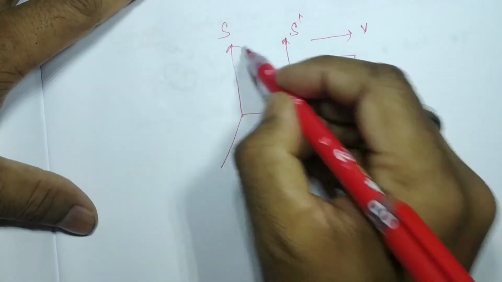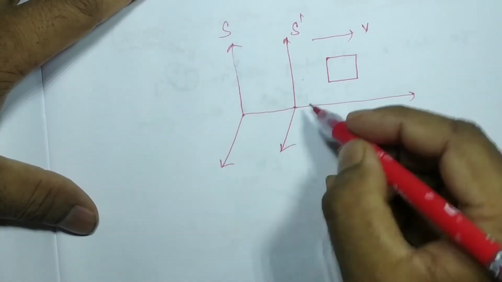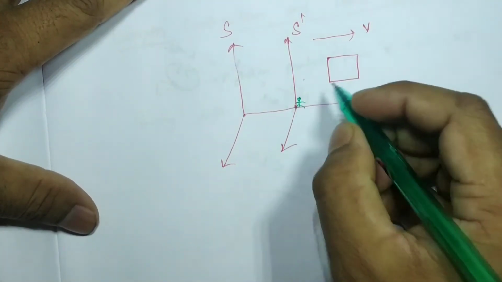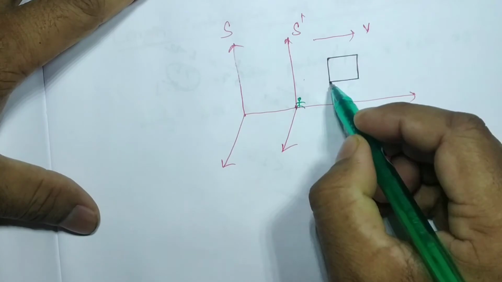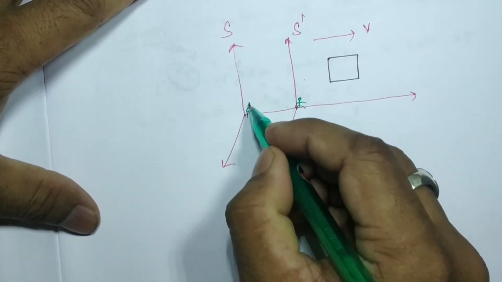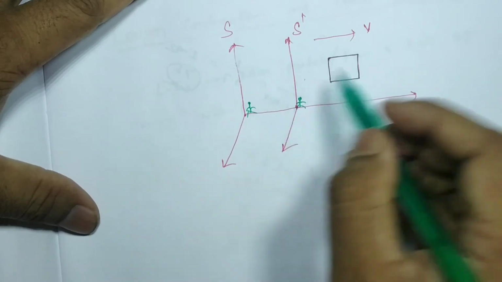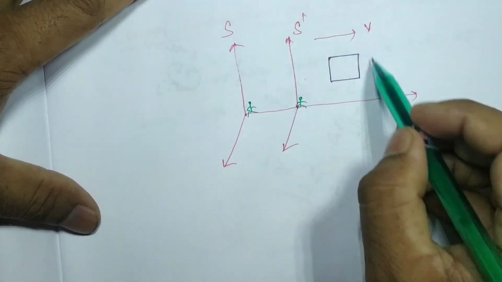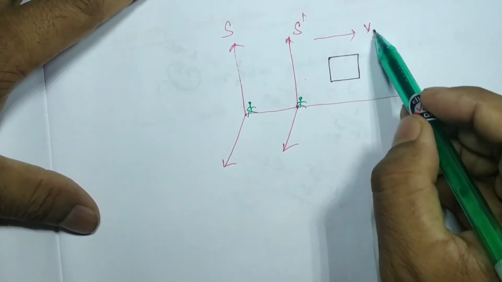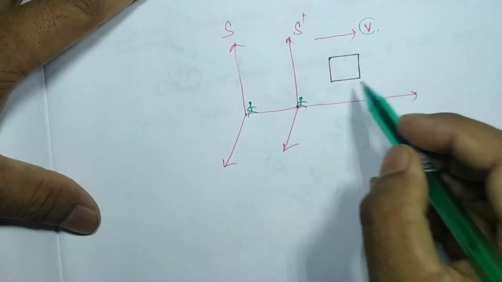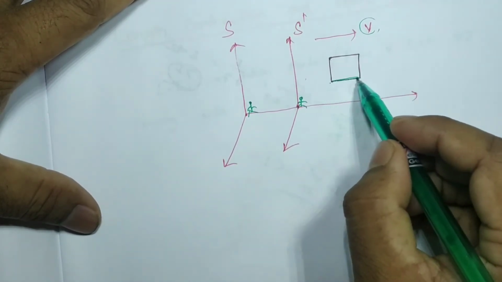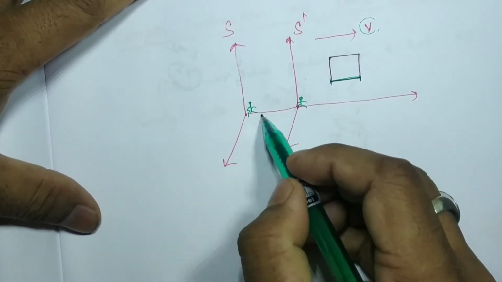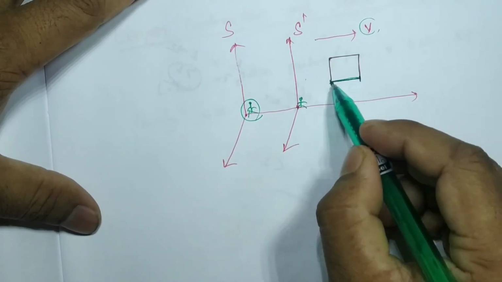The person who is sitting in the S dash frame is going to see that this is a square, but the person who is sitting in the S frame is going to see that this is a rectangle. Why? Because whenever this frame moves with a velocity v along the positive x-axis direction, this x length seems to be contracted for this observer.